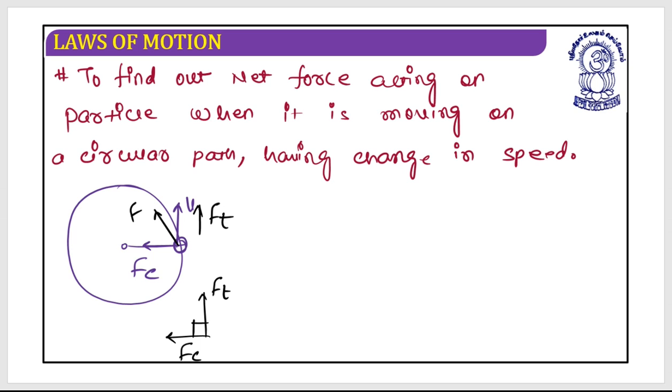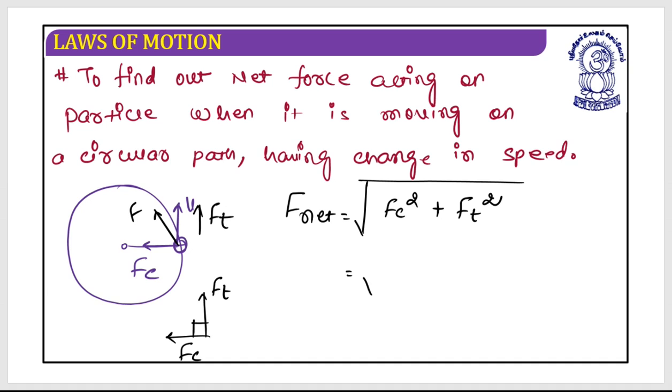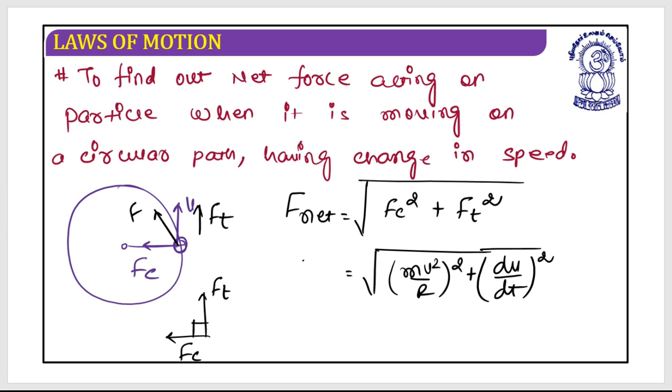This Fc, centripetal force, and tangential force are perpendicular to each other, so this F net could be calculated as root of Fc square plus Ft square. Fc could be calculated as mv square by r, and Ft could be calculated as dv by dt. This is F net.